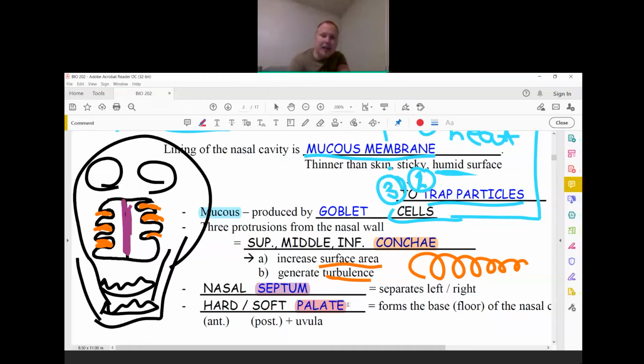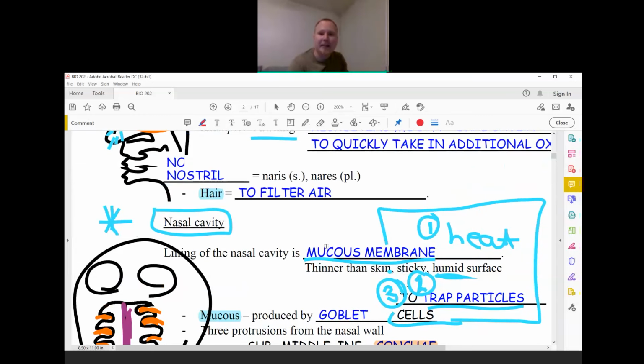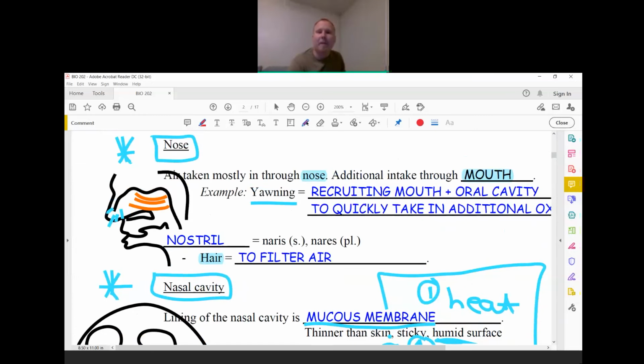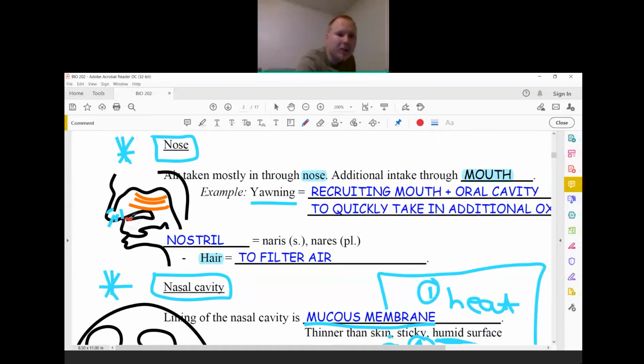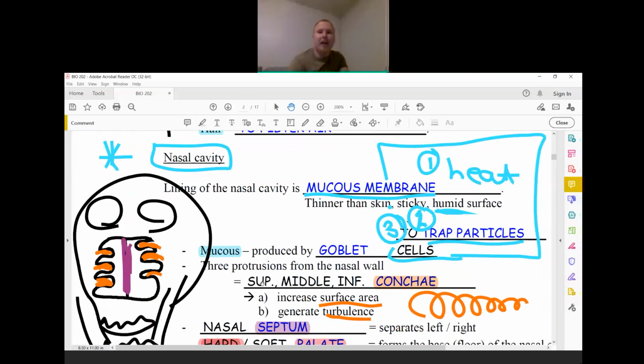And it is especially at the anterior part, so the front part of this floor of the nasal cavity, that we end up finding what is known as hard palate. And this is because there's bone within this structure. So it's kind of a little bit harder physically.